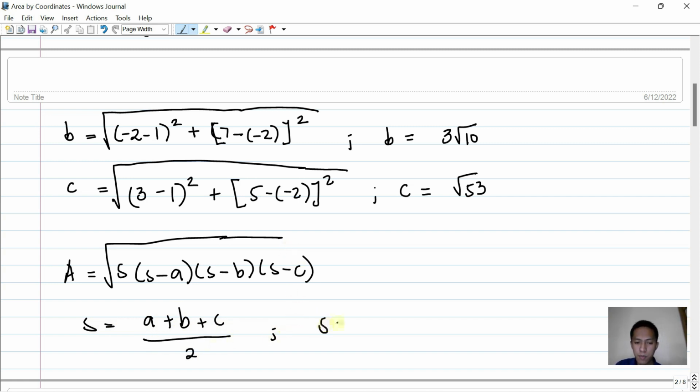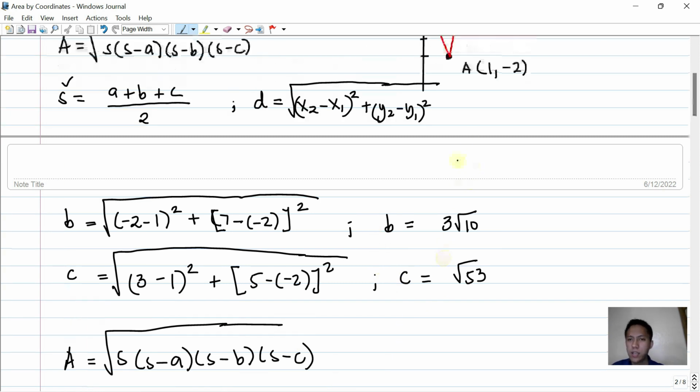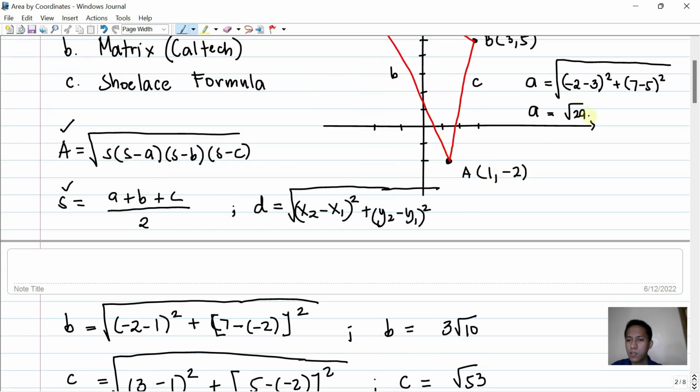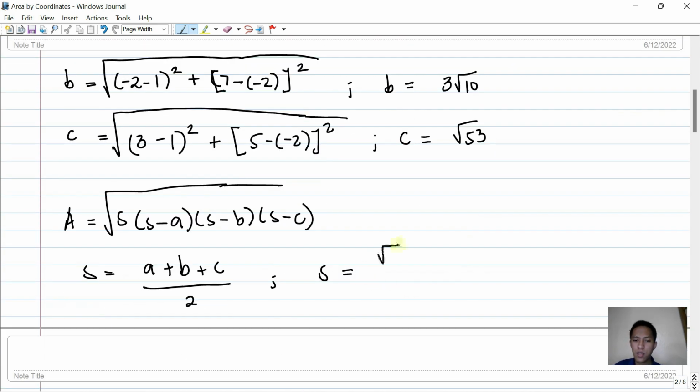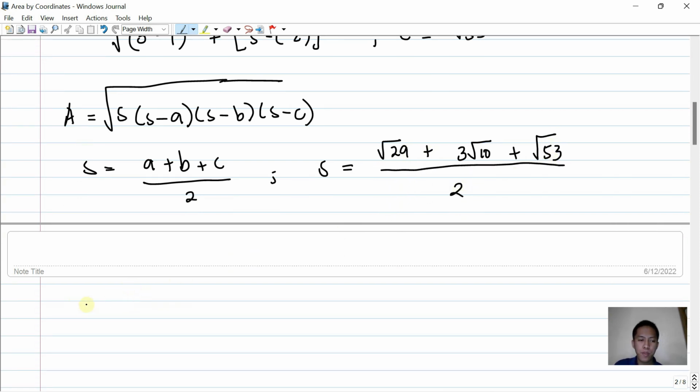So we have the semi-perimeter as A, yung A natin, which we've computed earlier, square root of 29, plus B, that is 3 square root of 10, plus C, that is square root of 53, all over 2.